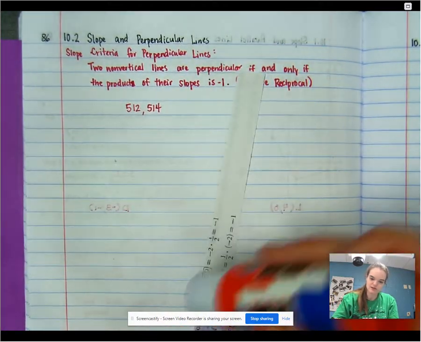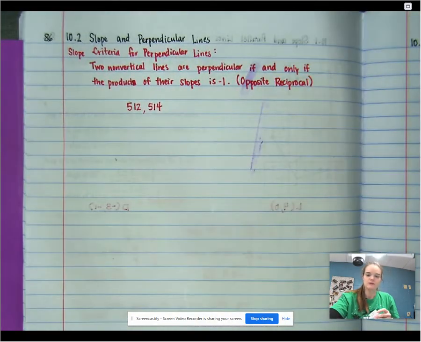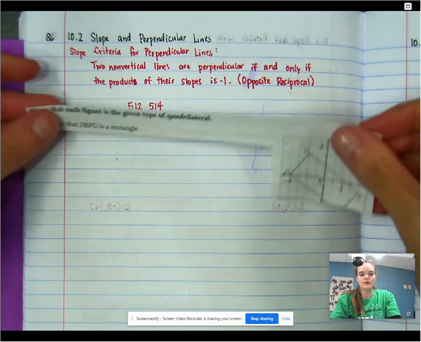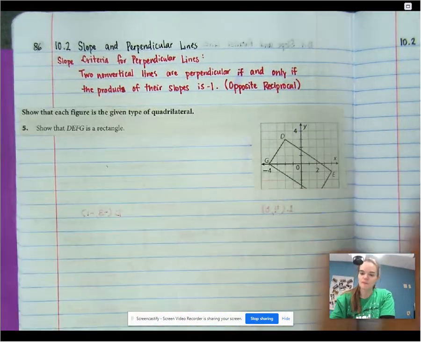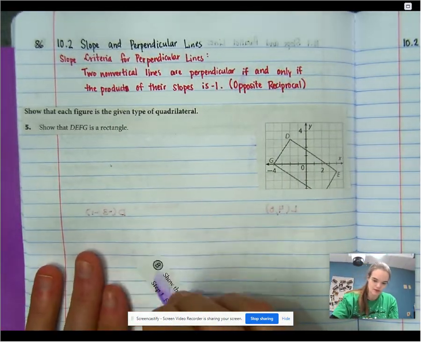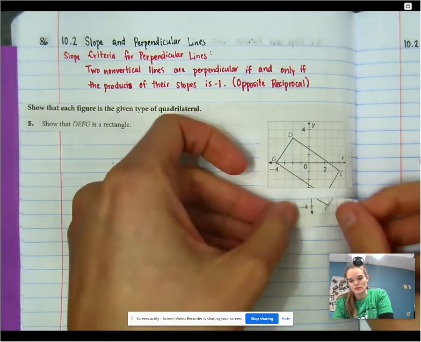And like I said, I accidentally cut some of my stuff off, so I'll have to glue it together. But that's okay. So number 5.